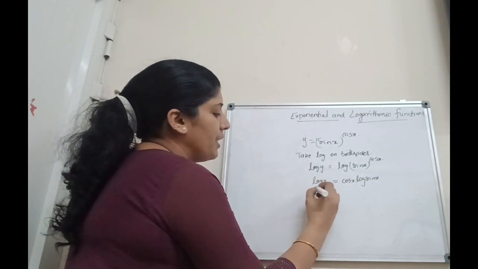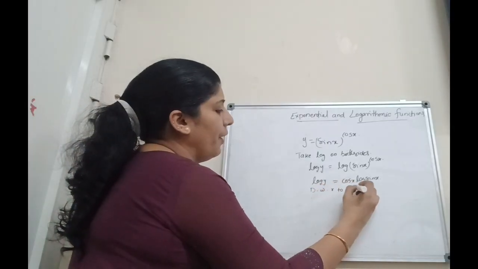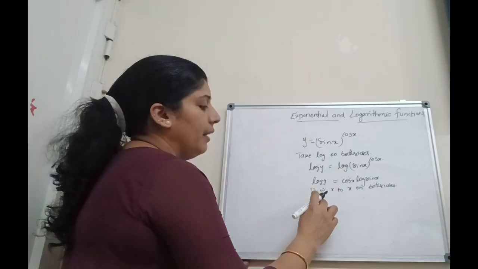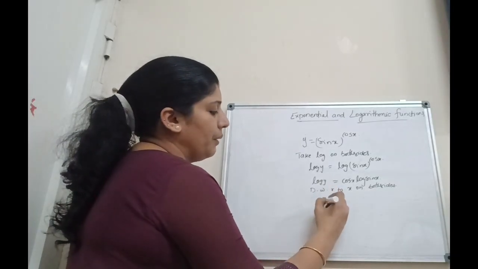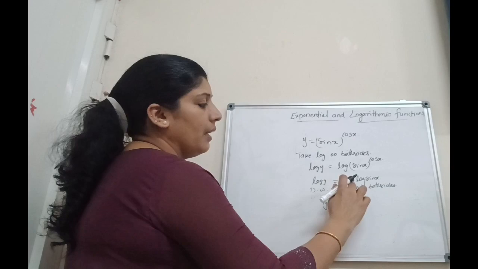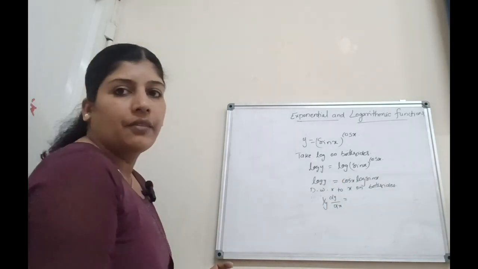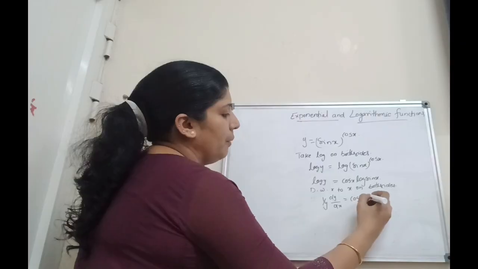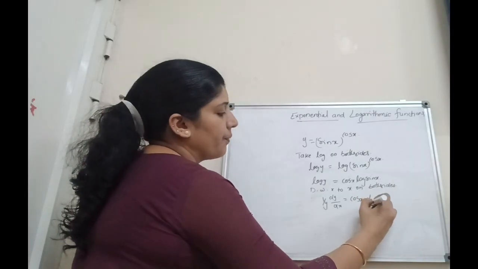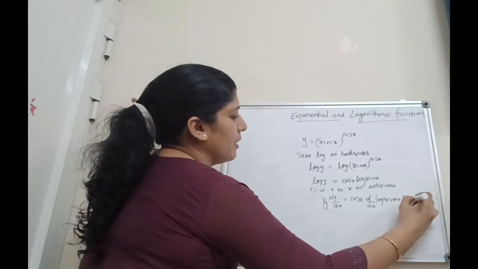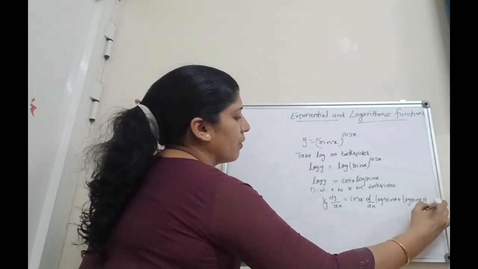Next, differentiate with respect to x on both sides. Therefore, d by dx of log y, that is 1 by y into dy by dx equal to, now here cos x into log sin x, we have to apply product rule. Here first function is cos x into d by dx of log sin x plus log sin x into d by dx of cos x.